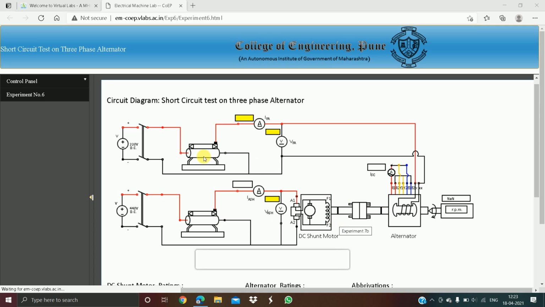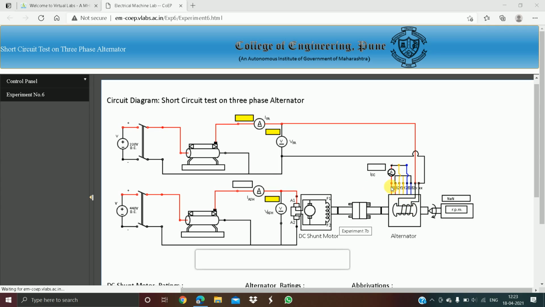Above, the field excitation system is connected to a separate 220 volt DC power supply through a rheostat and DPST switch, which is connected to the alternator through slip rings.